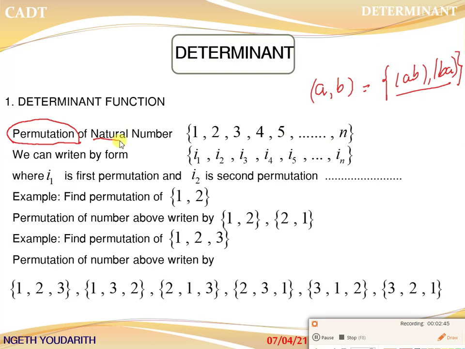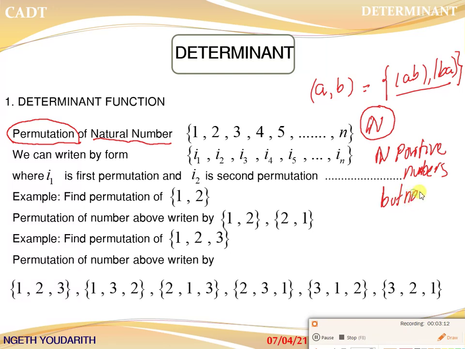Now about the natural number. What is a natural number? In our lab, we learned about N. This N is for natural number. A natural number is a positive number, but non-zero.